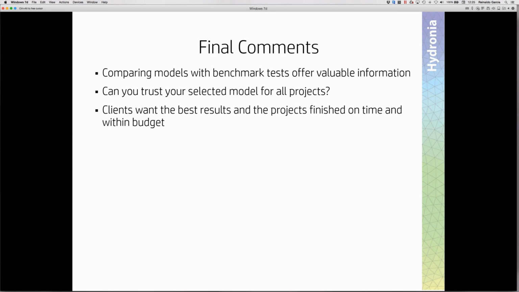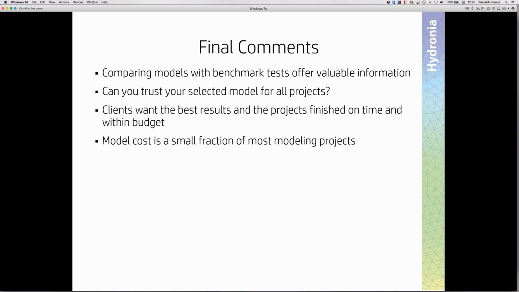Now, clients want the best results and the projects finished on time and within budget. They probably don't care if you pay nothing or pay a lot for your software. What is important is that the results are correct and good, and the project is finished on time and within budget.